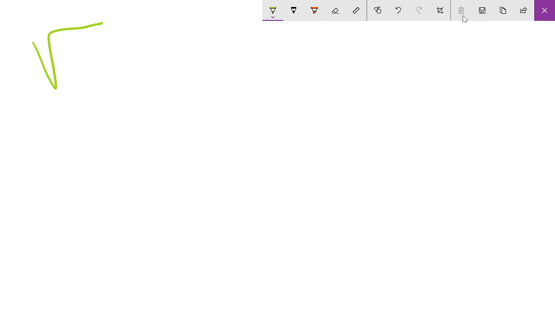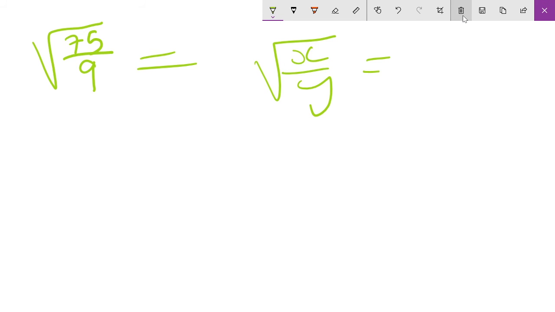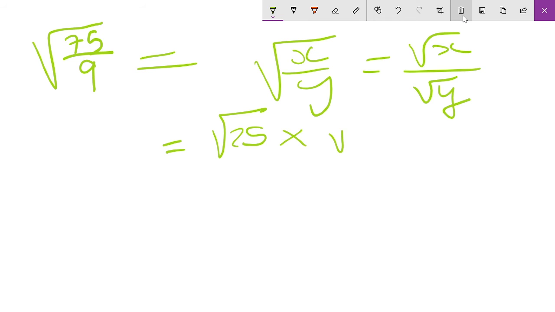So let's say you have a question like this: the square root of 75 over 9. How do you simplify it? Well, first we can use the rule that the square root of x over y equals the square root of x over the square root of y, and we get the square root of 25 times 3.